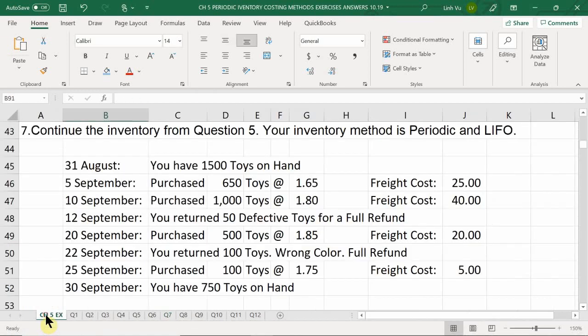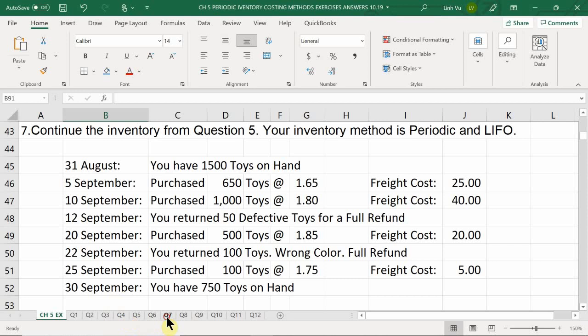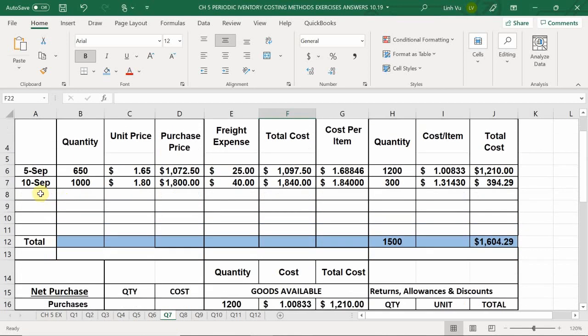Okay. So then, let's see what happened next. On September 20th, we end up purchasing 500 toys at $1.85 with the freight costing you $20. So 500, 185, 20. September 20, 500 at $1.85 with a freight of 20.